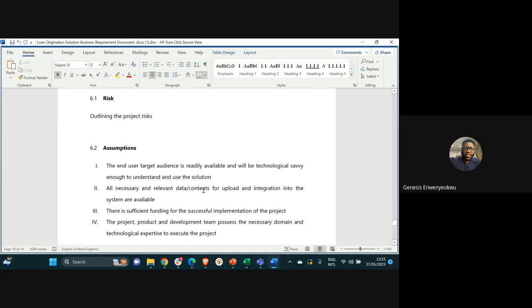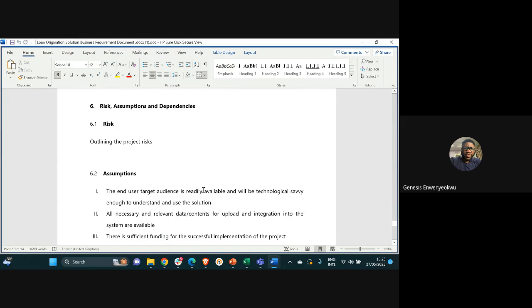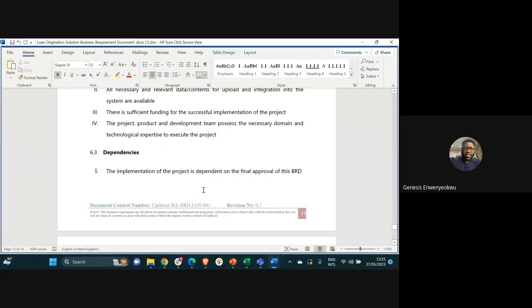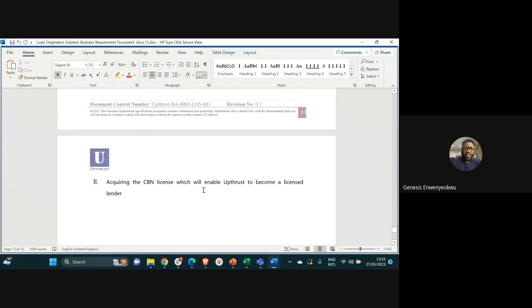By the time you finish describing that, you go to section 6, where you talk about the risks, assumptions, and dependencies. In your risks, you outline all the project risks, or probably the business risks or resource risks that are involved. You also capture the assumptions that you want to make to ensure that the solution goes as smoothly as possible. And then if there are any dependencies, you also outline those dependencies.